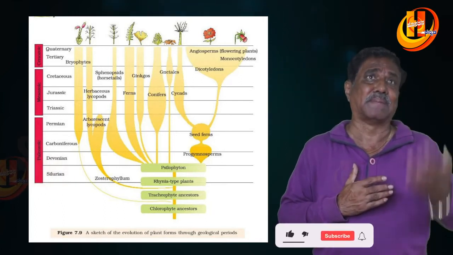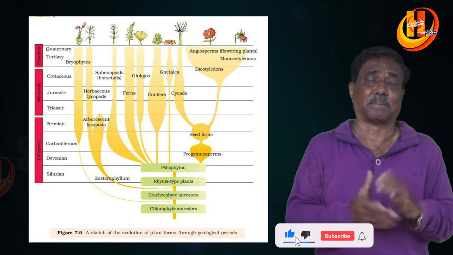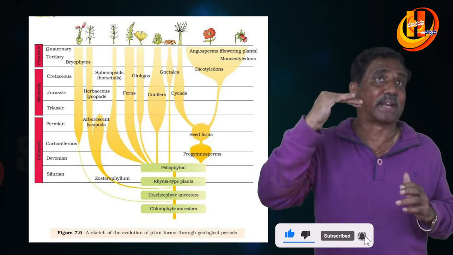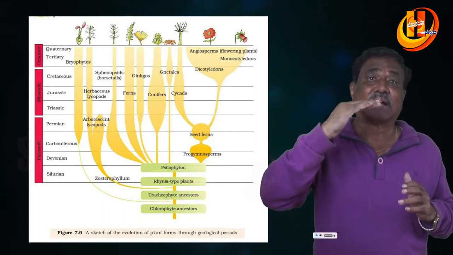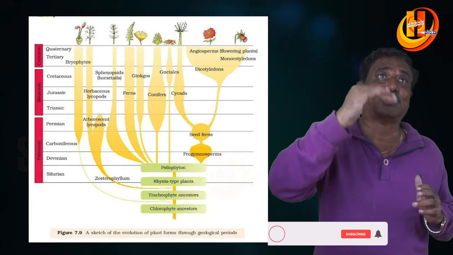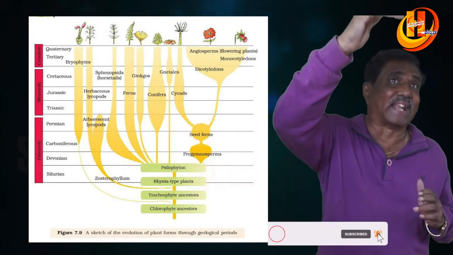After Carboniferous, the Permian period has lycopods. Next, Triassic, Jurassic and Cretaceous.